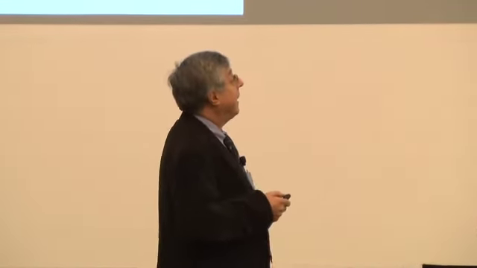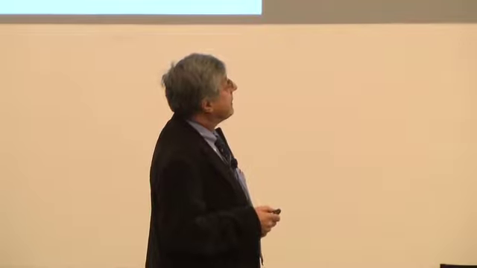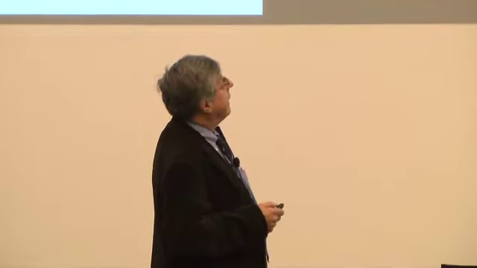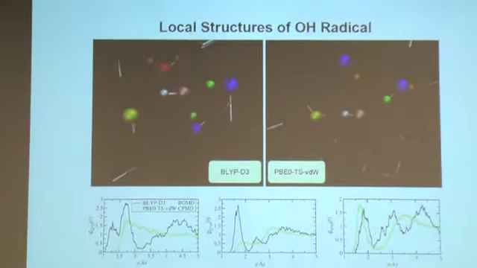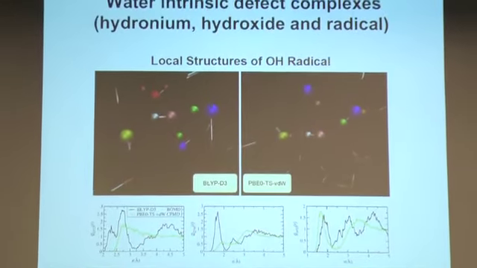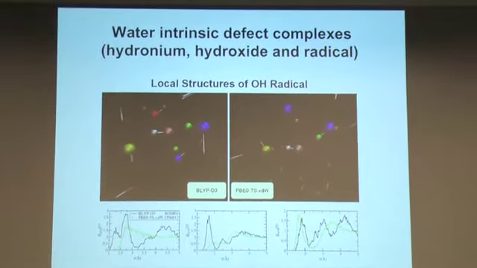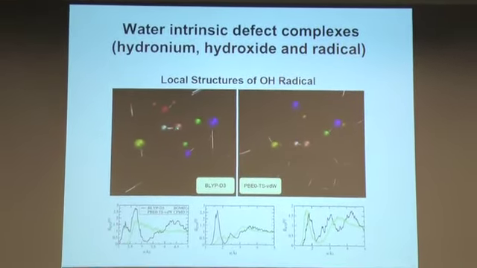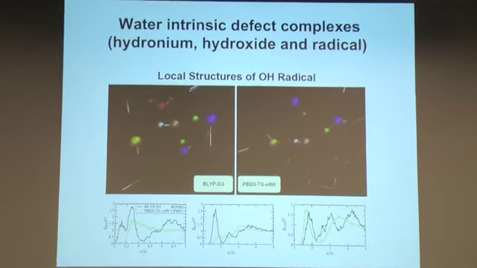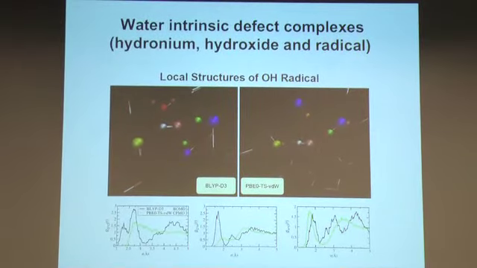And here are the different local structures for the OH radical that one obtains using our best functional, or using a gradient corrected functional. And one can see the difference is very large in the pair correlation function. This O star is the oxygen of the OH radical, and this again the oxygen, and this is the hydrogen, this guy, of the OH radical.